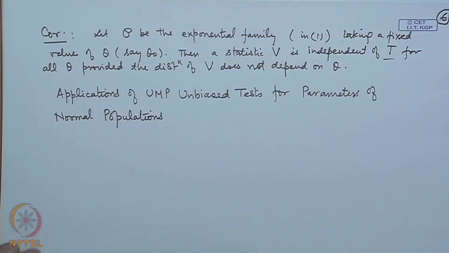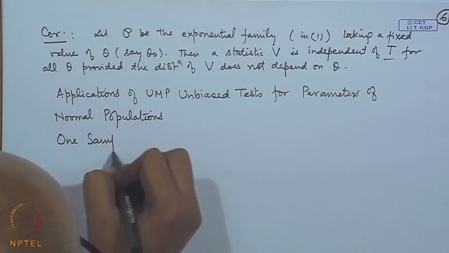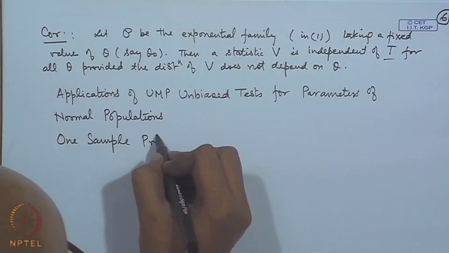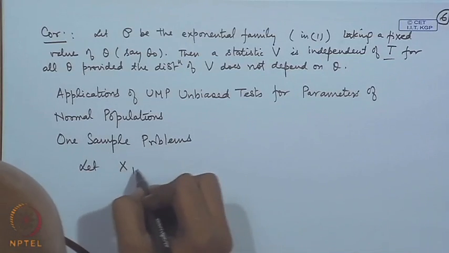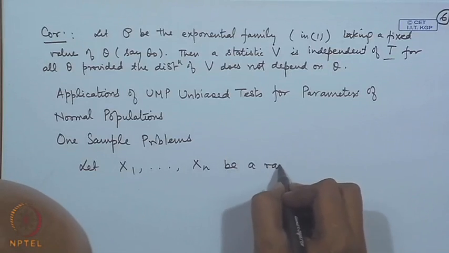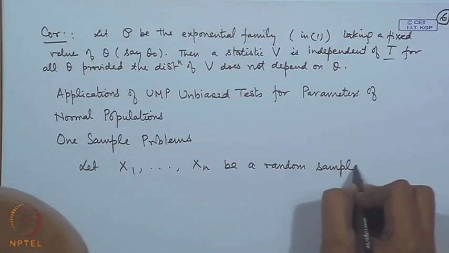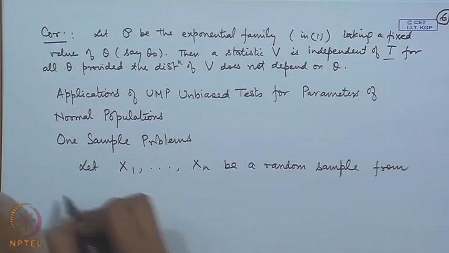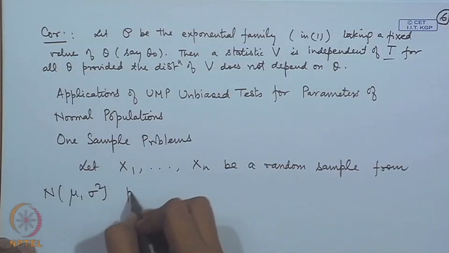To start with, let us consider one sample problems. That means, we are having X 1, X 2, X n, a random sample from normal mu sigma square distribution.